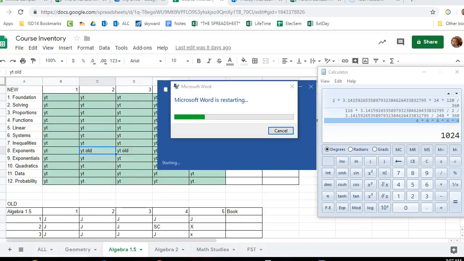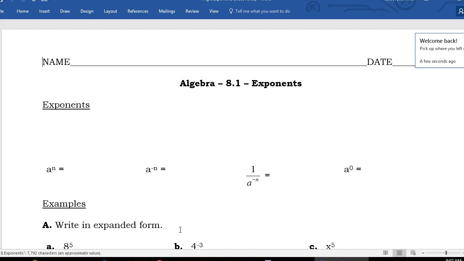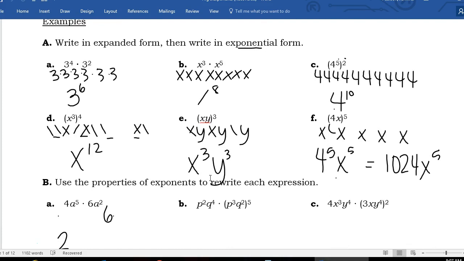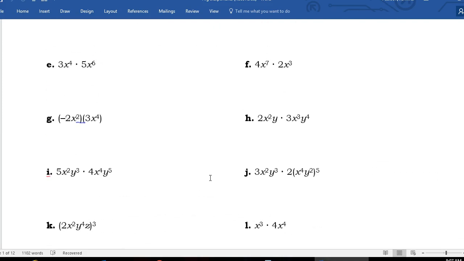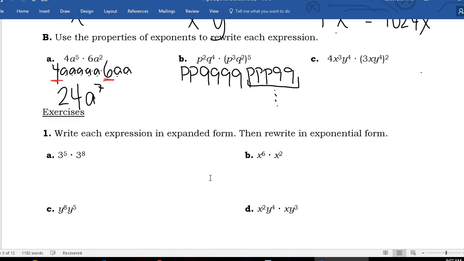Hopefully this picks up where we left off. Okay, so if I don't want all that there, let's use the rules.